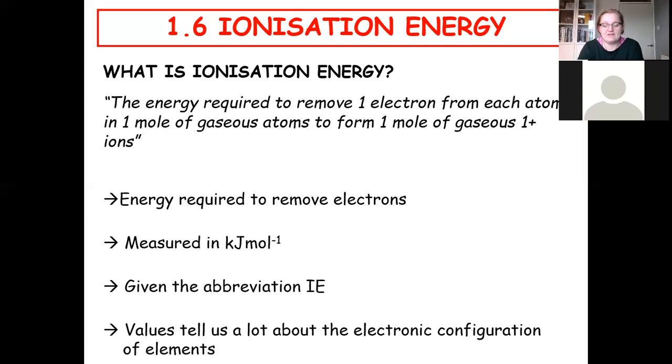We spoke about this last time, that whenever we're dealing with ionization, the atoms are in a gaseous state. So it's the energy required to remove one electron from each atom in 1 mole of gaseous atoms to form 1 mole of gaseous 1+ ions.